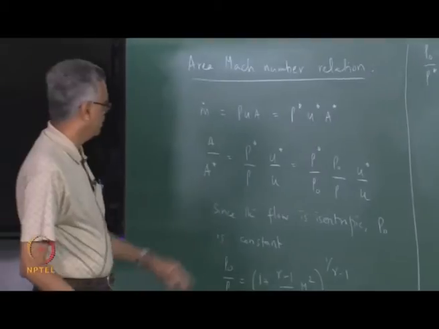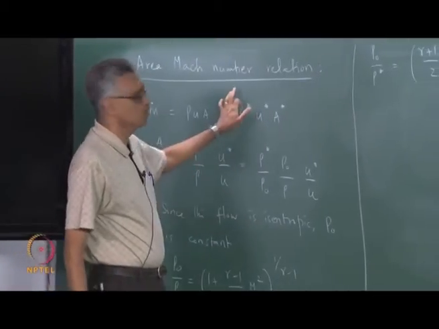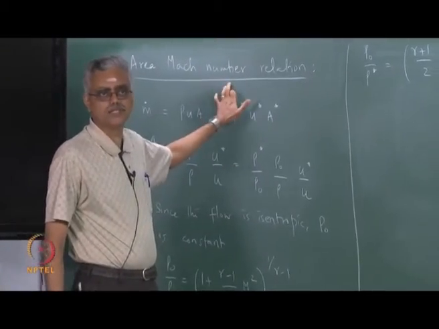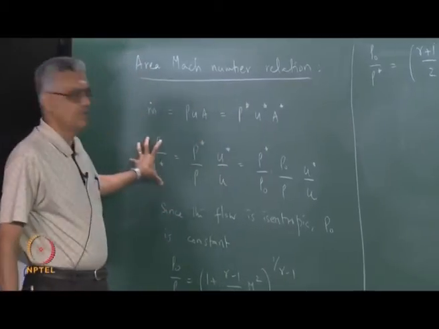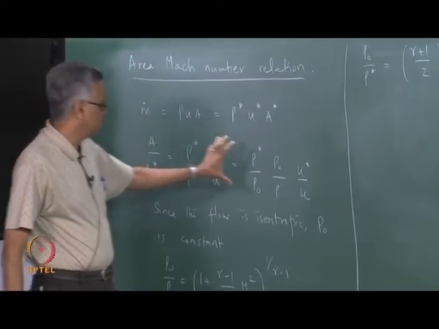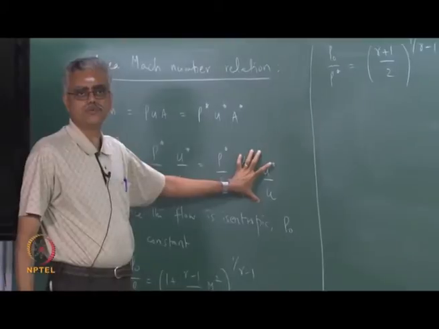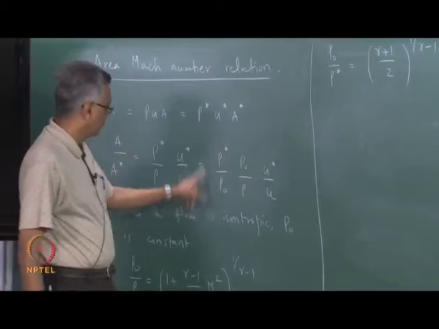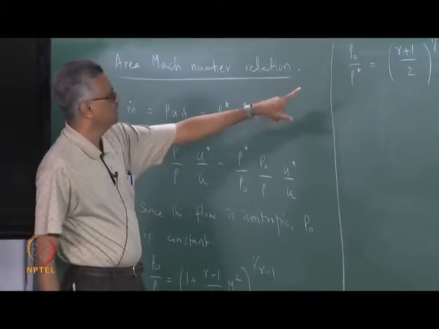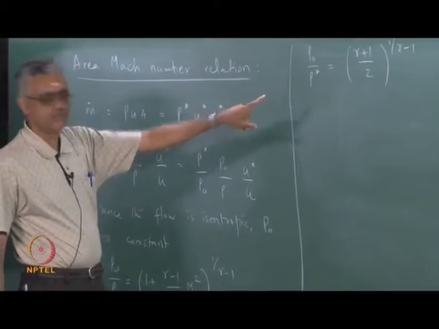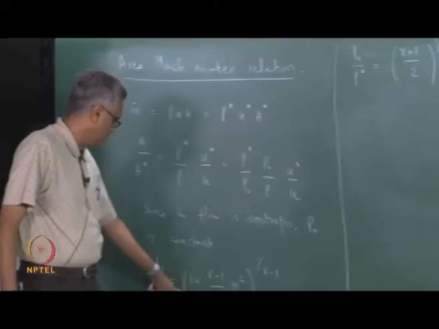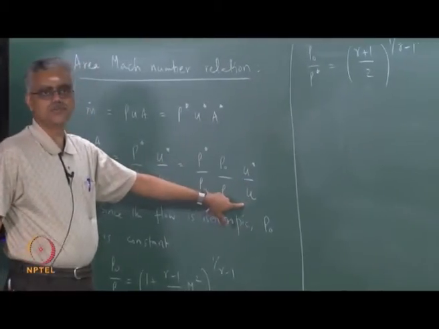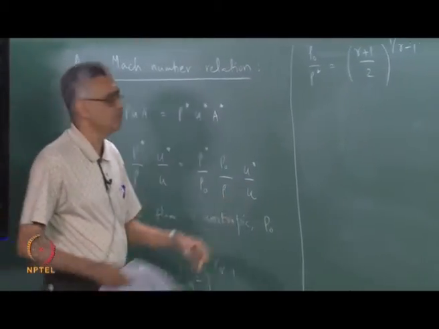Remember, we are looking for an area Mach number relationship, so the area is on the left hand side. The idea is to write everything on the right hand side in terms of Mach number only. Now I have this in terms of gamma and Mach number, but I need to rewrite the velocity ratio in terms of Mach number, which is what we are going to do next.